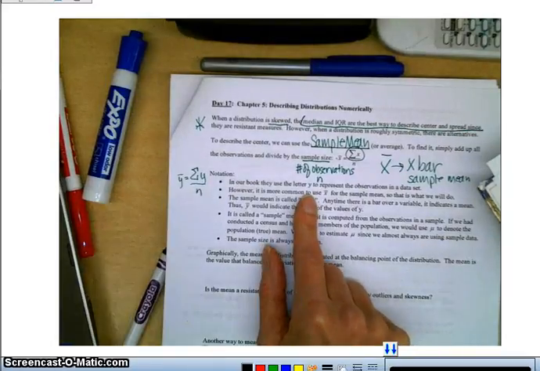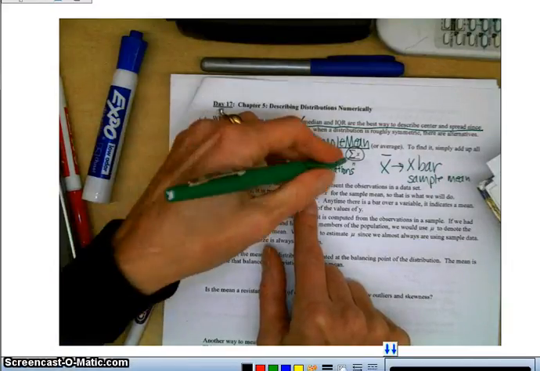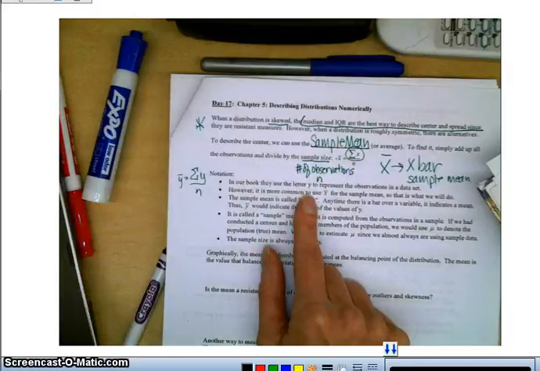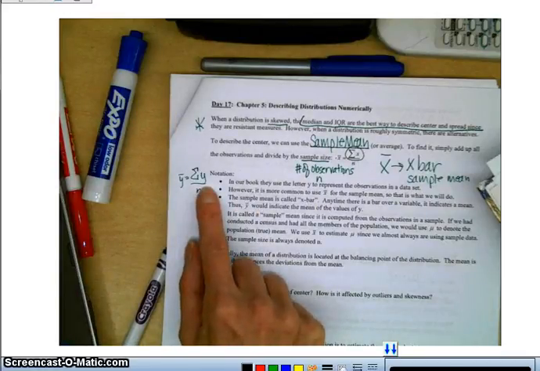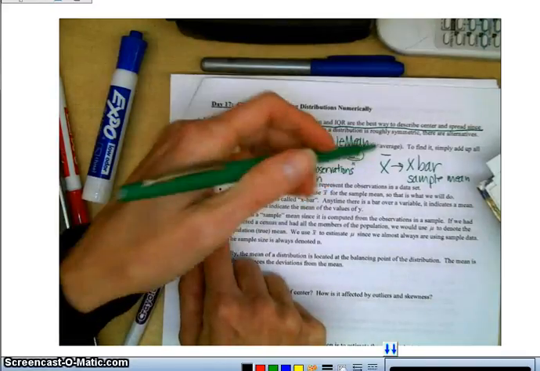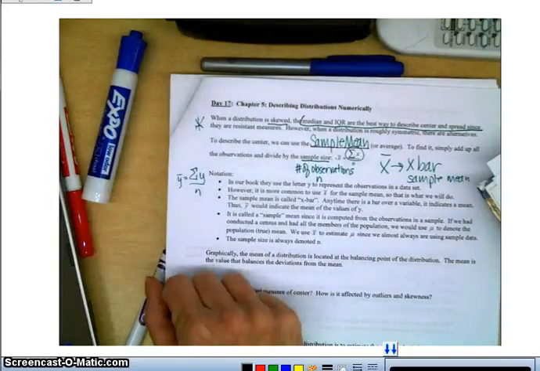I don't know why the author of this book, it's one of the top 5 books for teaching AP stats, thought that y would be a good letter to use for observations. We're going to use x because that's more consistent with most of the rest of the statistical world. Our book isn't wrong, they just decided to use that letter. All the formulas would be the same as the ones I give you, except they have y's and we have x's.